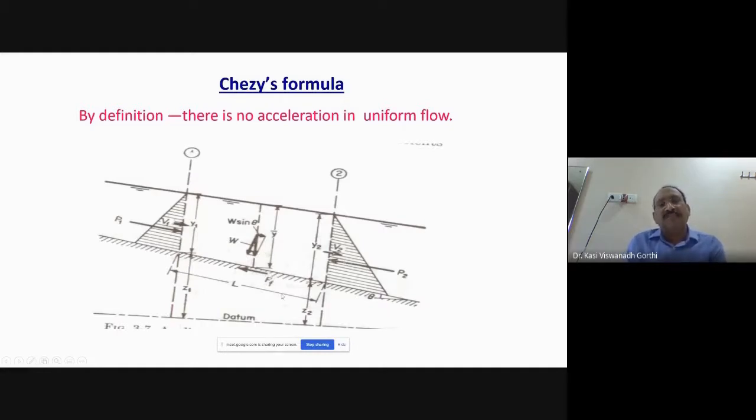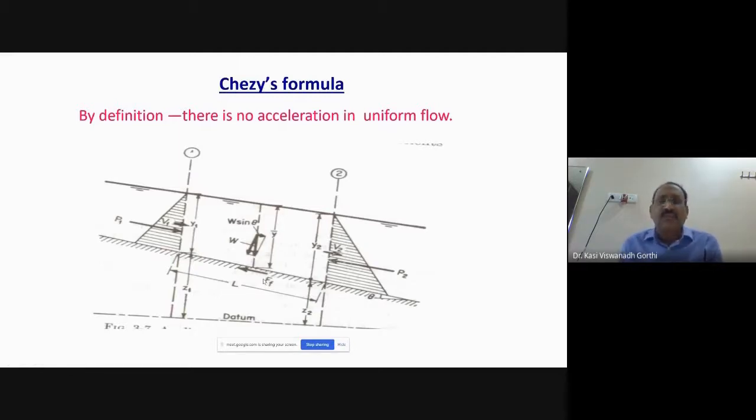So Ff, the force due to friction, which may be opposing the motion, is acting in the opposite direction. So you have hydrostatic pressure force P1 at section 1, hydrostatic pressure force P2 at section 2, and the frictional resistance Ff which is opposing the motion.